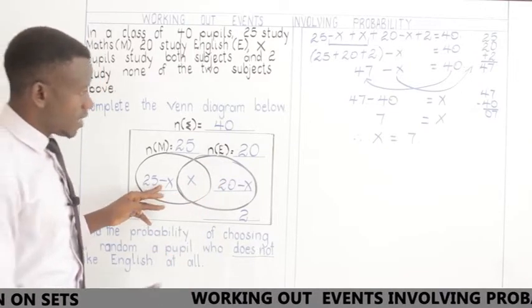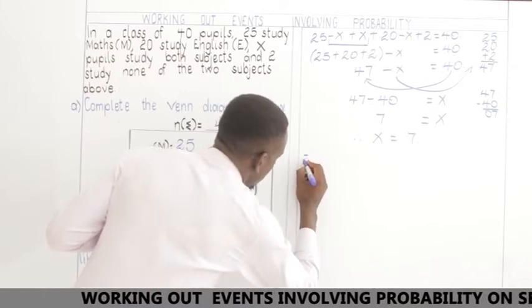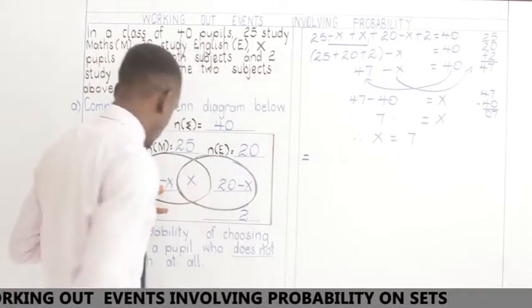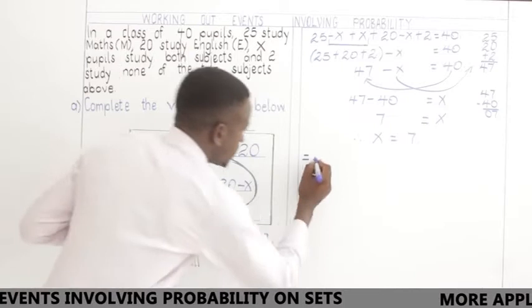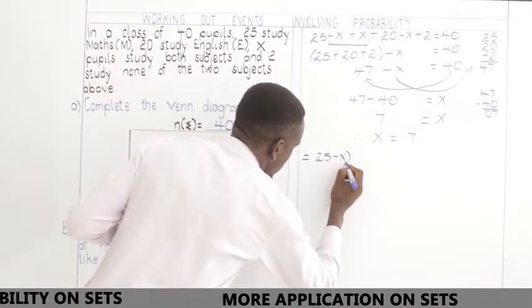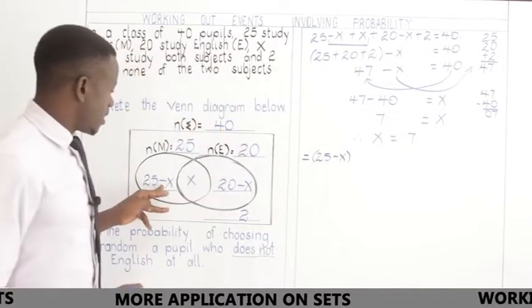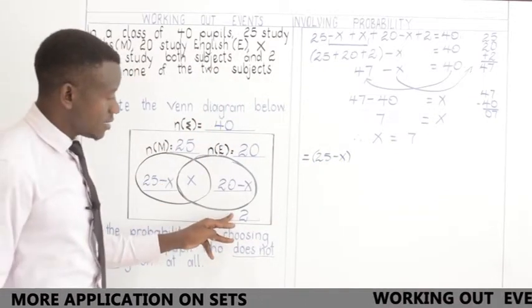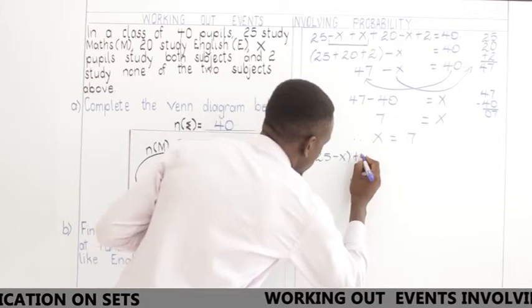So the opposite of set E, which stands for English. So we shall have 25. The number of people who don't study English at all will be 25 minus x, which stands for mathematics only, then plus 2.